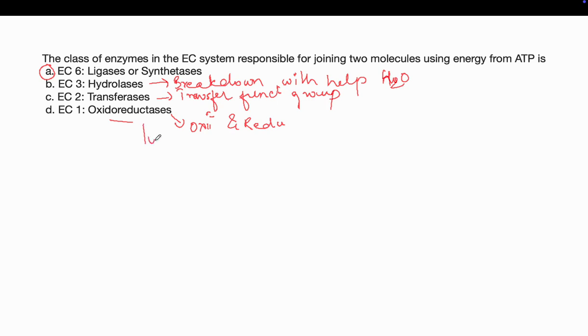Then we have lyases. What will lyases do? They will also break down, but without the help of water. And whenever there is joining, it's always ligases or synthetases. Whenever there is joining of two molecules, it requires energy, and that energy could be in the form of ATP.